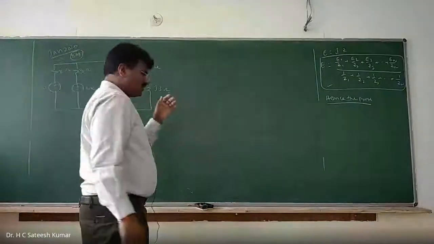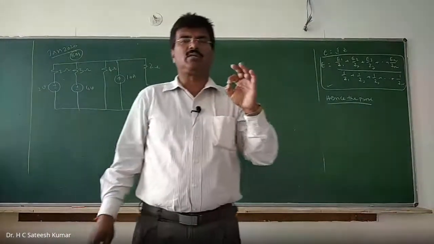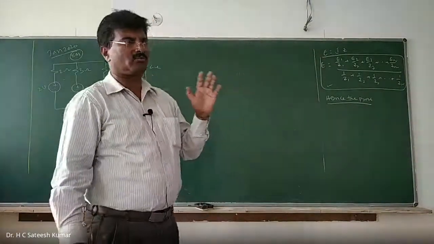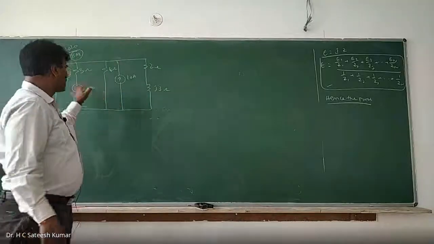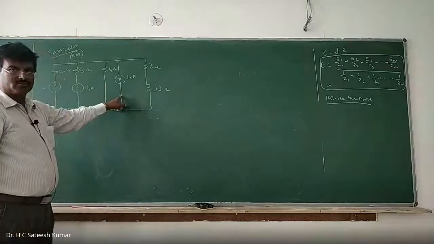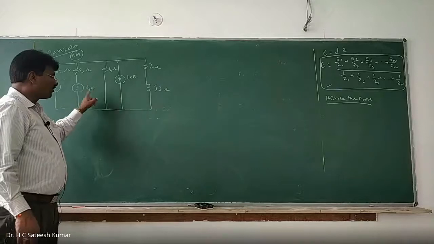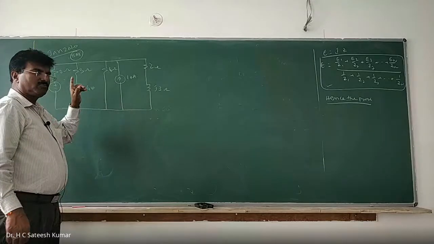Now, as I said, Millman's theorem is applicable only for the sources when they are connected, voltage sources connected in parallel with their respective internal impedances. Now we have a current source here. So therefore, if you want to apply Millman's theorem, I will have to convert this current source into voltage source.